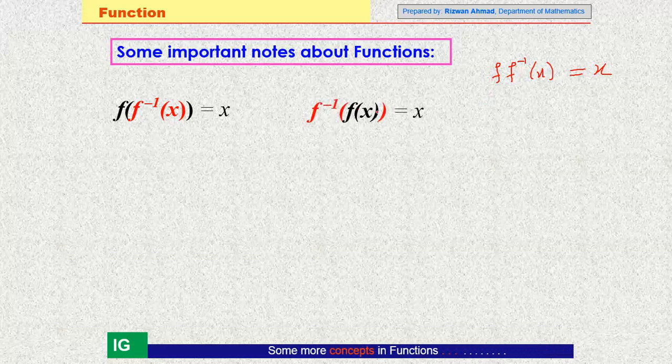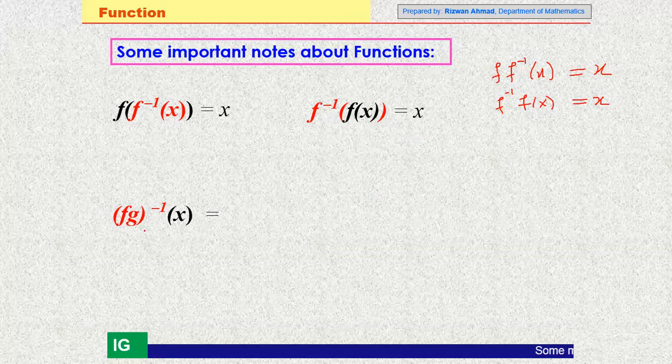In the same way, f inverse of f of x is also equal to x. So this is equal in both ways: f of f inverse or f inverse of f, both are equal to x.